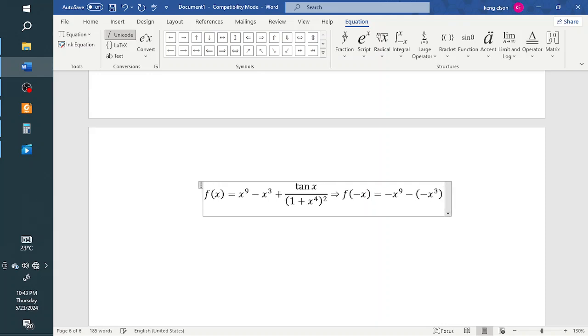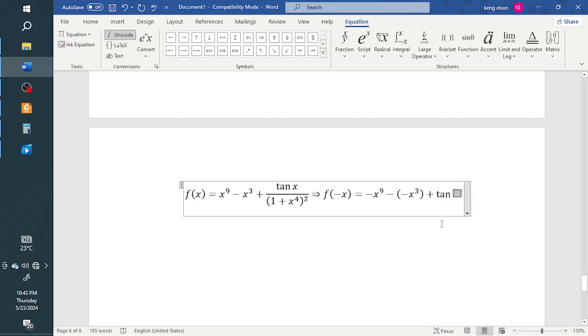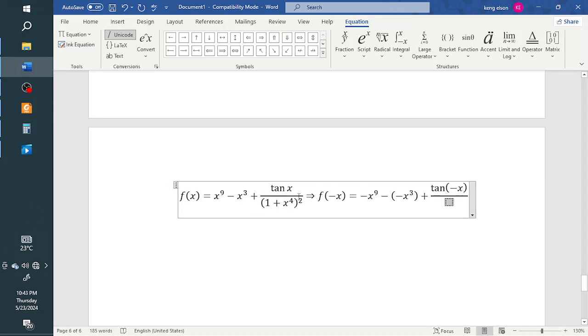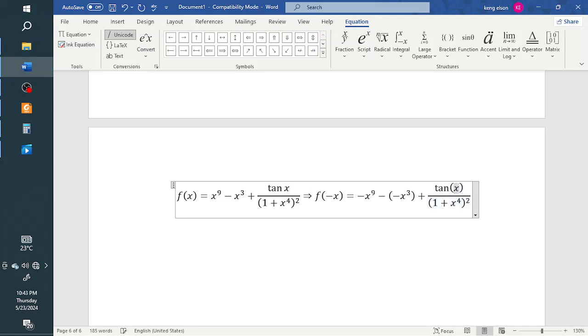Now the tangent function is an odd function, so the tan of -x will give me minus tan of x. Now if I raise -x to the power 4, I will just have x to the power 4, because the power is even.